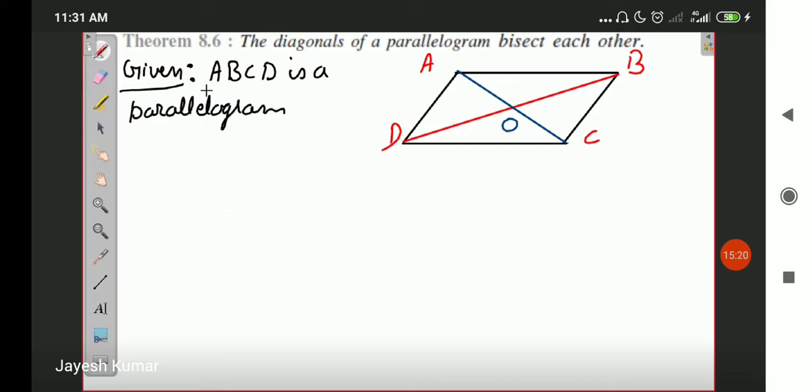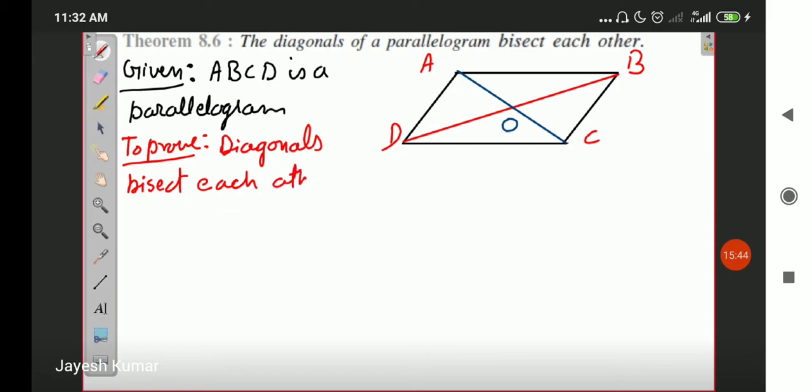So now what we need to do is prove that its diagonals bisect each other. Okay, what we essentially need to prove is that this length DO and this length OB are equal, as well as this length AO and this length OC are equal.